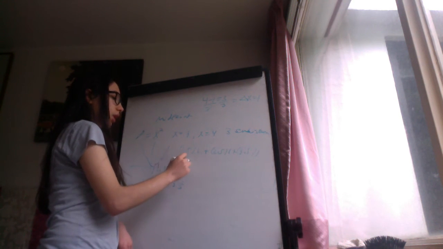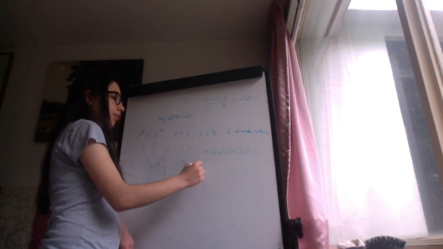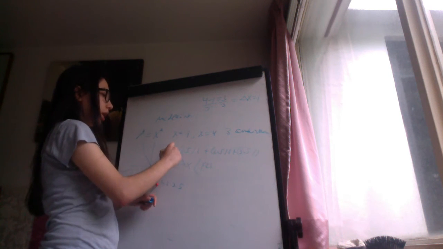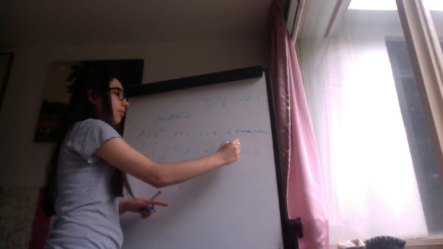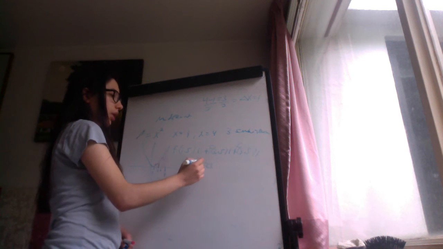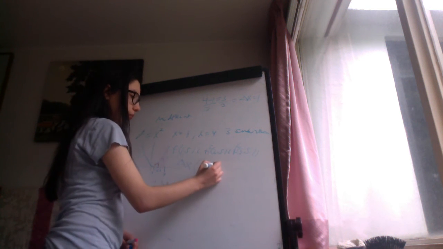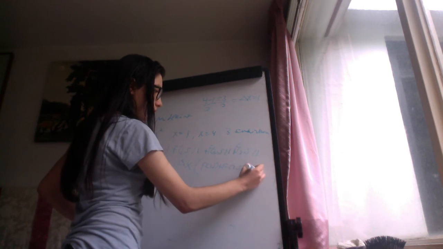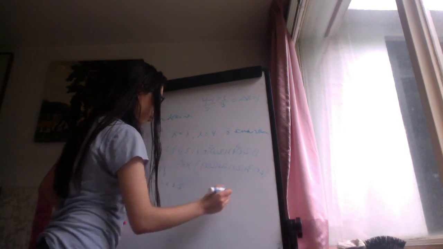So this is just delta x, that is 1, times f of 1.5, f of 2.5, and f of 3.5. So delta x, that is 1, times f of 1.5 plus f of 2.5 plus f of 3.5.